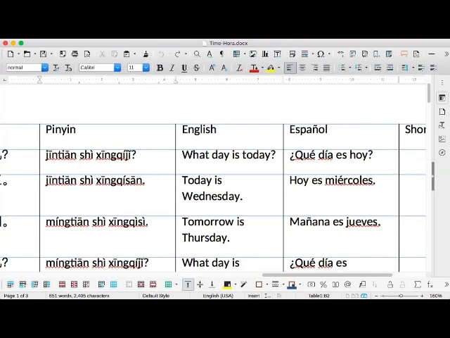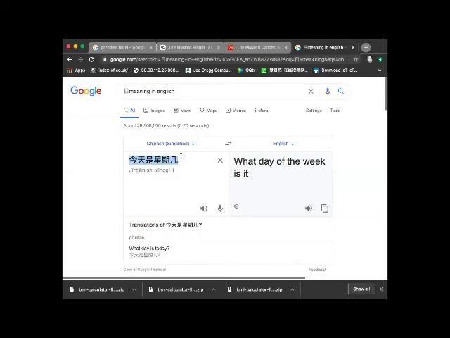And one last tip here: if you see what we're doing, we're saying 今天是星期几, right?